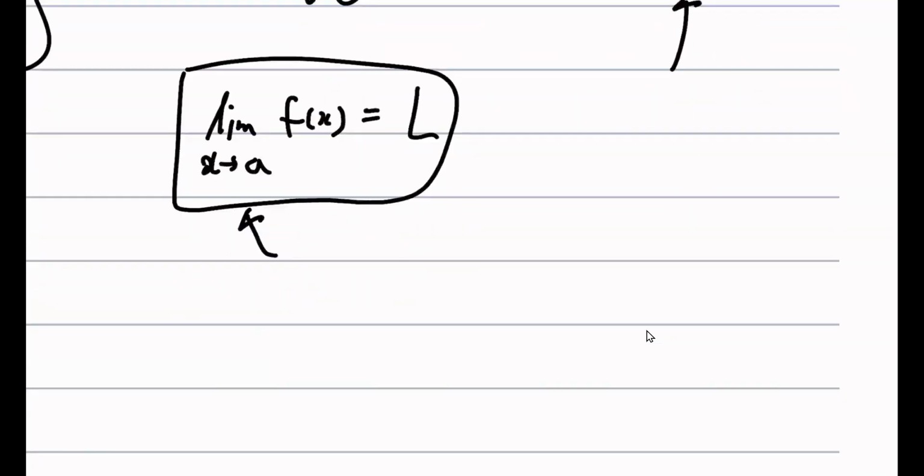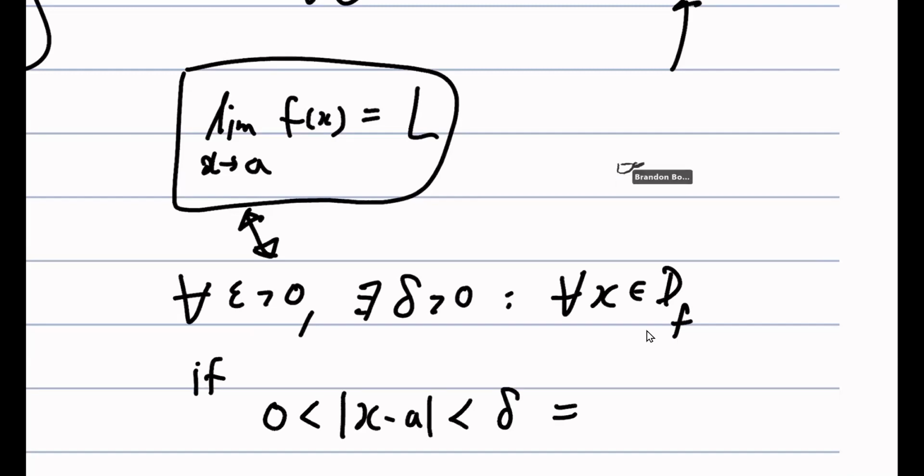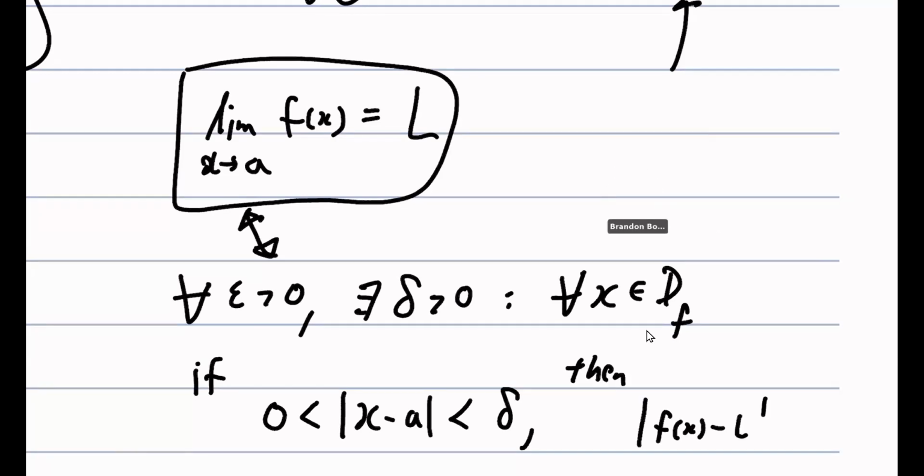Are you ready? For epsilon more than 0, there exists a delta more than 0, such that for x an element of the domain of the function, if you have 0 less than modulus x minus a less than delta, then modulus f(x) minus L will be less than epsilon.